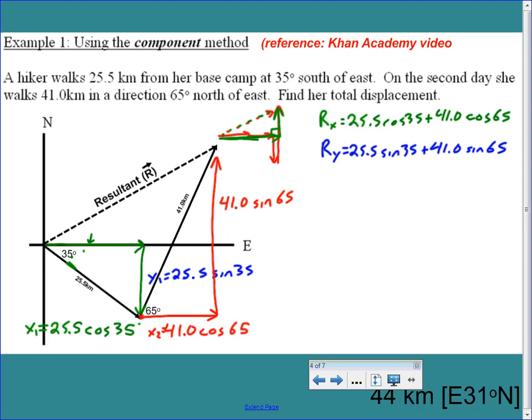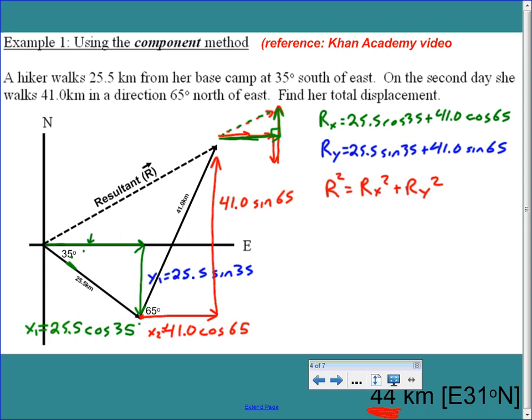And because it's a right-angled triangle, for the resultant squared, we just use Pythagoras to get Rx squared plus Ry squared. We plug those values in, we should get 44 when it's rounded.